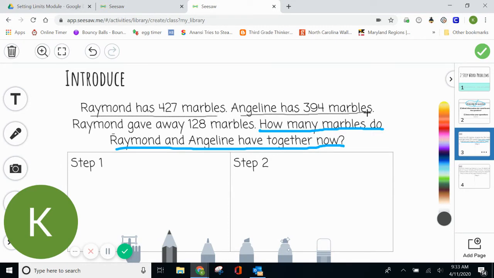Angeline has 394 marbles. But I know that Raymond gave away 128 marbles. So these two sentences, this one and this one, have to do with Raymond's marbles. This is the only sentence that has to do with Angeline's marbles. I need all three of these to figure out how many marbles Angeline and Raymond have together.